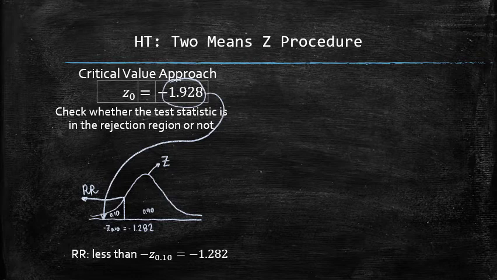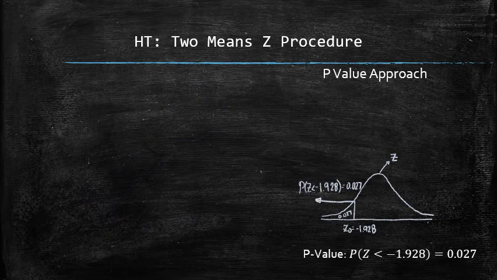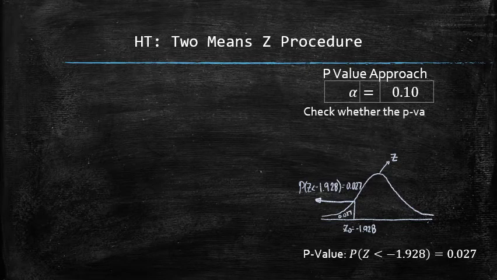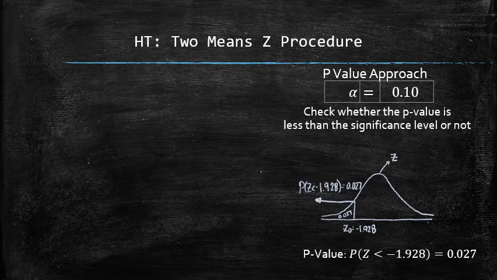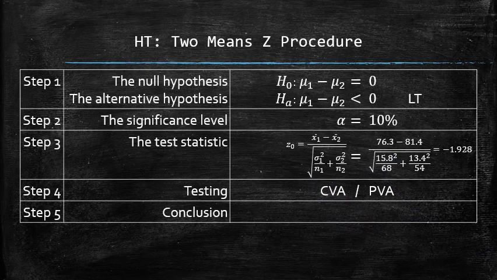Thus, it is in the rejection region. In the p-value approach, we must check whether the p-value is less than the significance level or not. Our p-value is 0.027, and it is less than alpha. Both tests suggest that we do reject the null hypothesis in favor of the alternative.